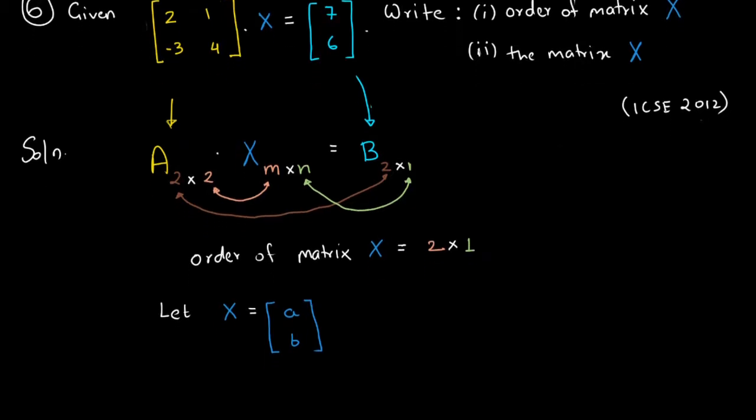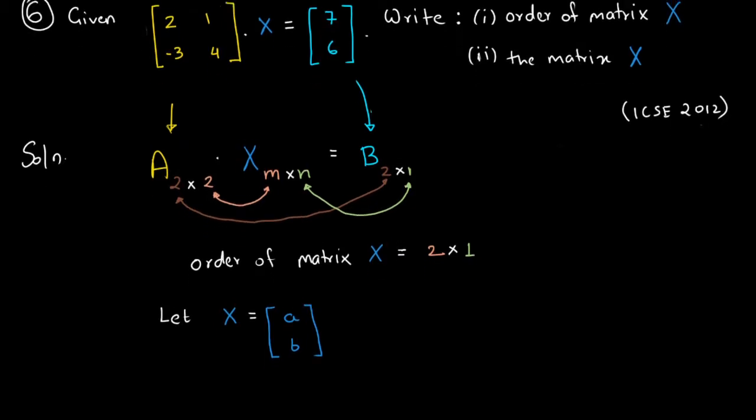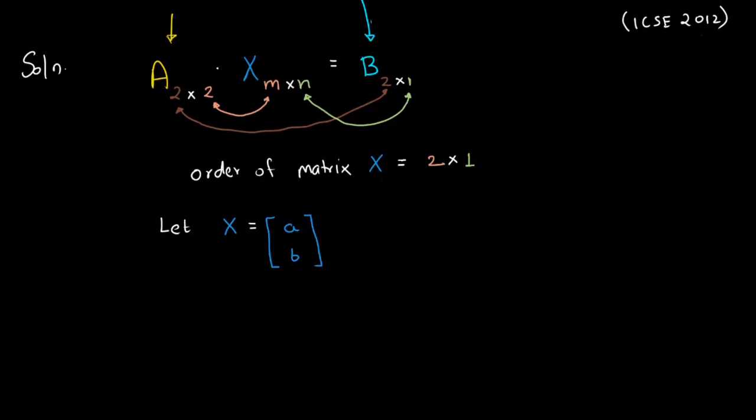Let's use the given equation to us, which is 2, 1, minus 3, 4.